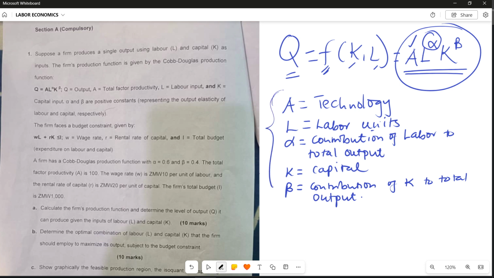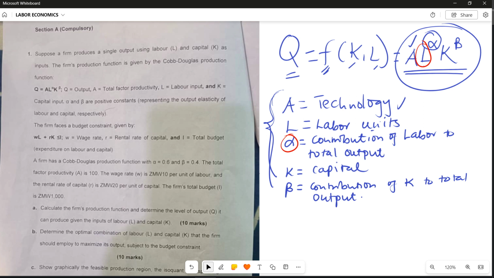So I was saying that I have this breakdown of our Cobb-Douglas function. A is the measure of the impact of technology in our production. L is just the units of labor. How many units of labor are we employing as a firm? And then alpha, the power of labor, is what we call the contribution factor of labor.